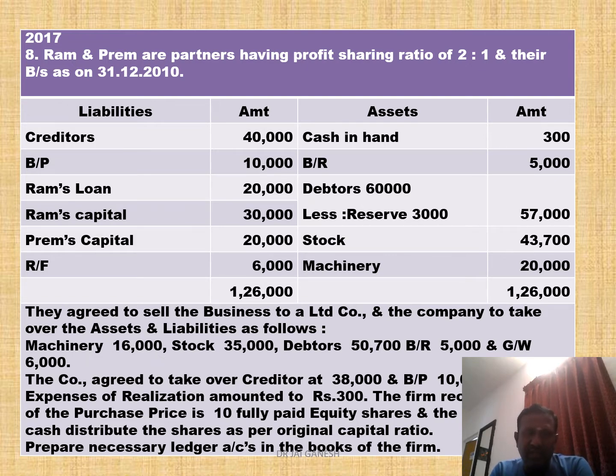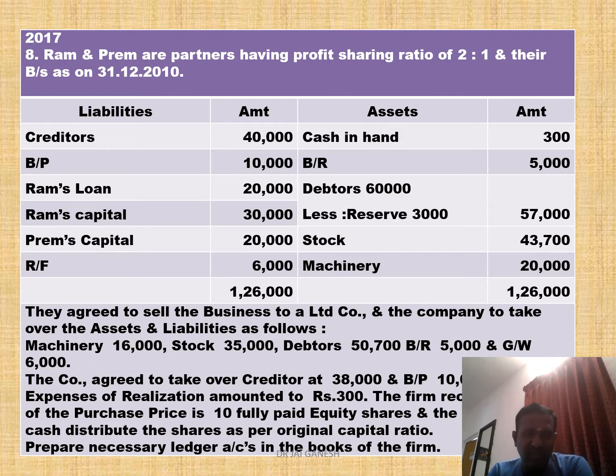Machinery 16,000, stock 35,000, debtors 50,700, BR 5,000, goodwill 6,000. The company agreed to take over creditors at 38,000, bills payable at 10,000.